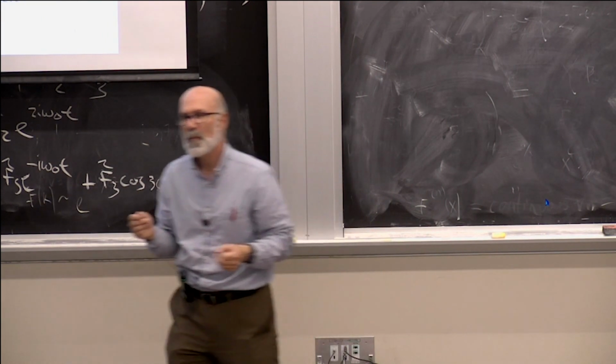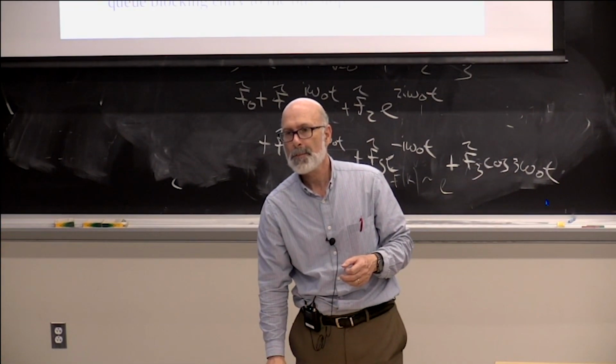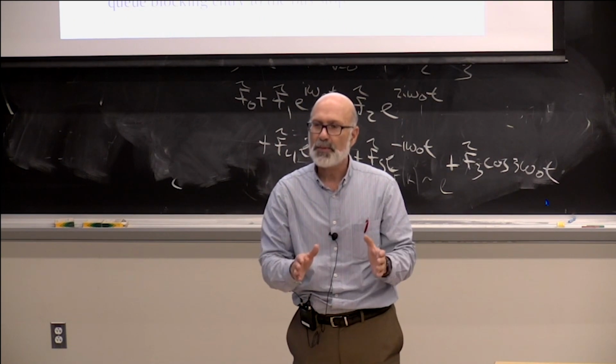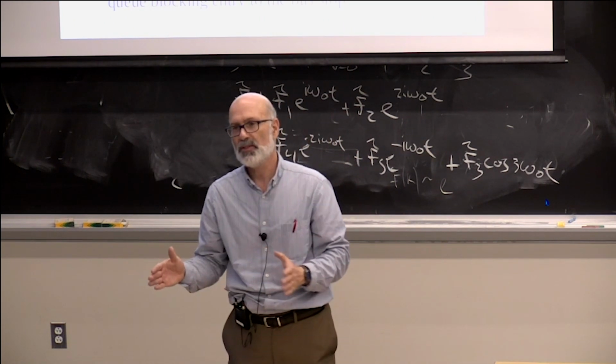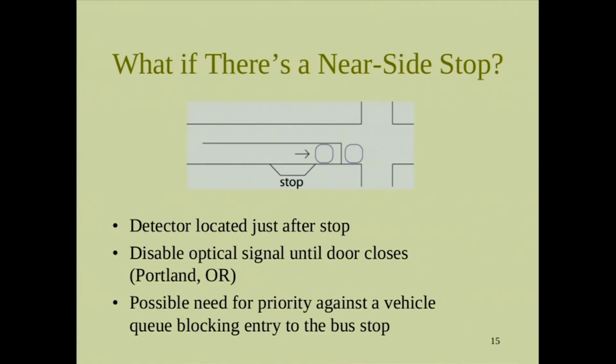A near side stop means that the stop is just before the intersection. So normally, let's say I want to give a 15-second extension, I locate my detector 15 seconds upstream of the traffic light. Well, what's 15 seconds ahead when there's a dwell time in there?